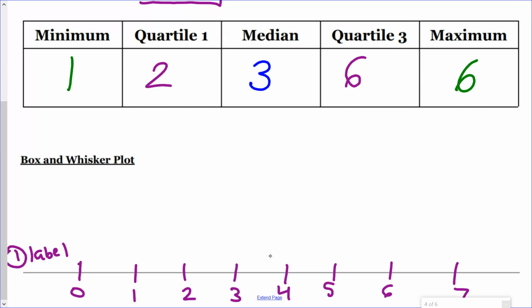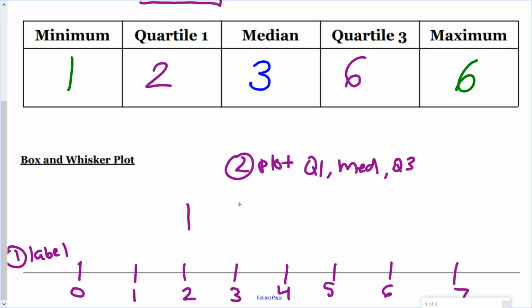So you're going to label the data or the line. Then you are going to plot quartile 1, the median, and the quartile 3. So my quartile 1 was at 2.